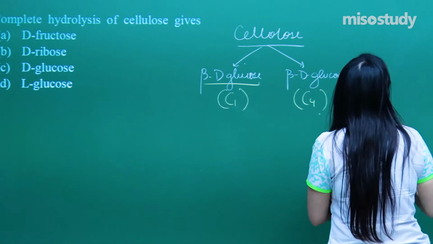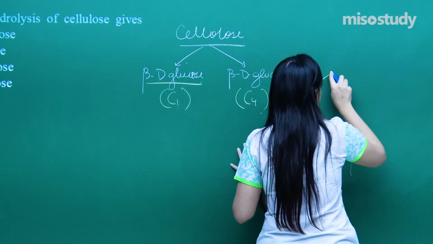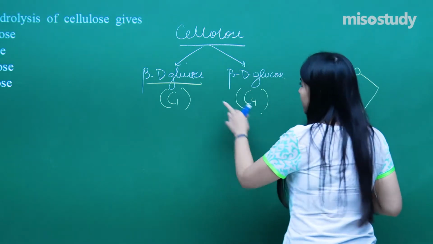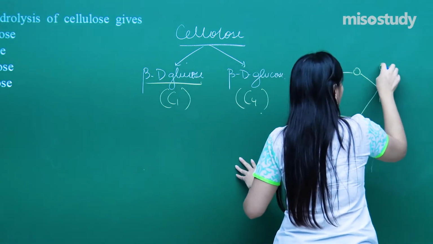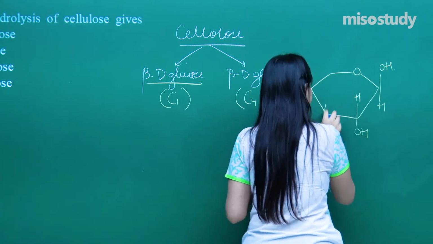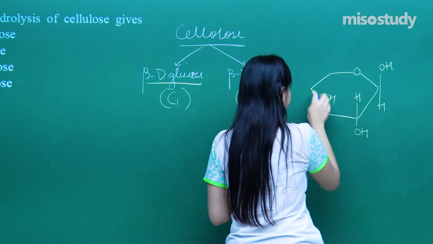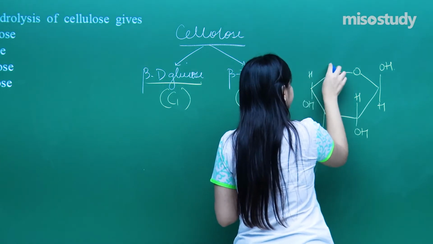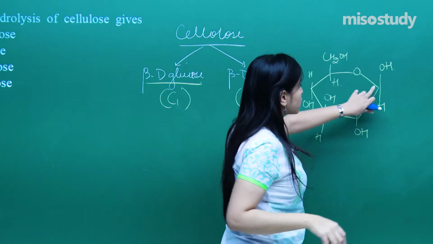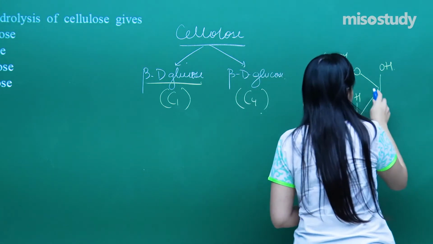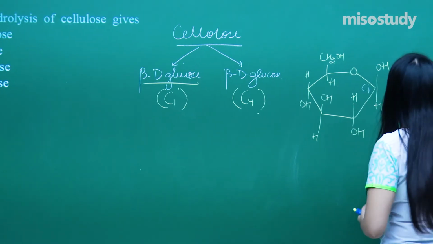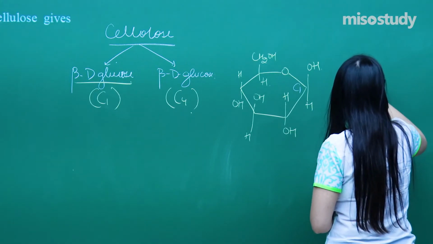So the structure is, I am making the two glucose molecules here and I need to make beta, that means OH on the upper side. That is how I am going to make it. This is carbon number 1. So that is carbon number 1. I need to have a proper glycosidic linkage between the two.